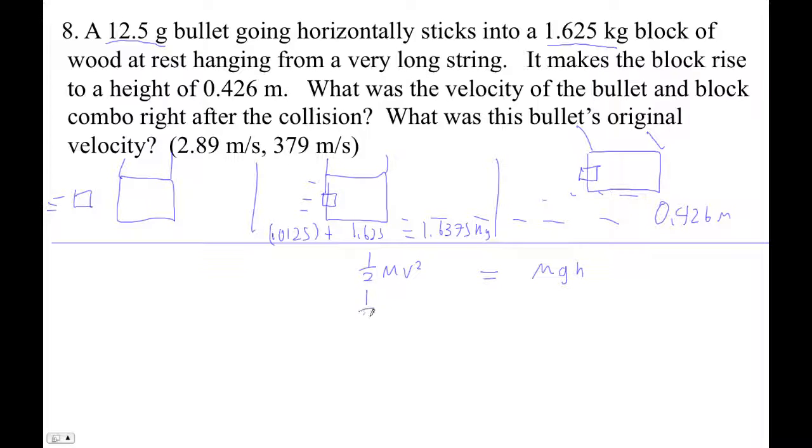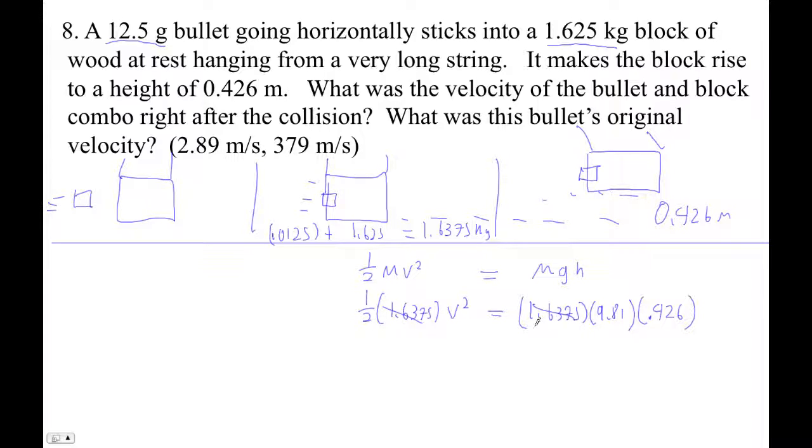So 1/2 times 1.6375 times v squared equals 1.6375 times 9.81 times 0.426, right? So potential turns to kinetic, or potential came from kinetic. Notice that the mass cancels, so I don't even need that.